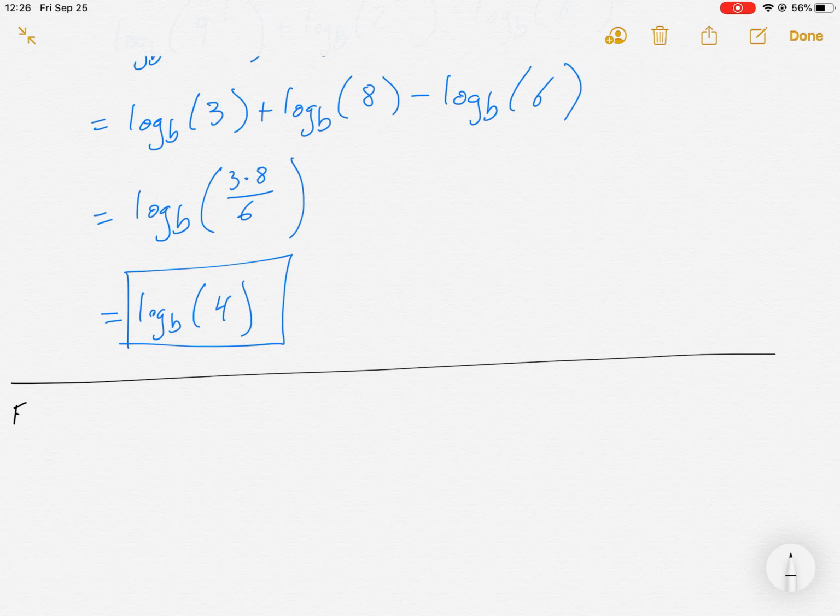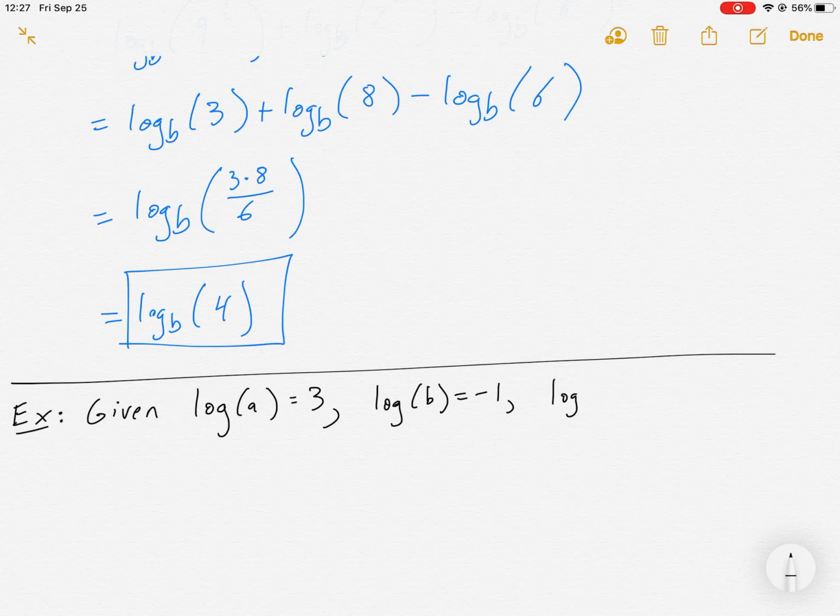Another type of example we might do, again dealing more with numbers, we're going to say that we're given some information. So I'm going to tell you what log of a is. I'm not going to tell you what a is yet. I'm just going to say log of a is 3. I'm going to tell you that log of b is -1.